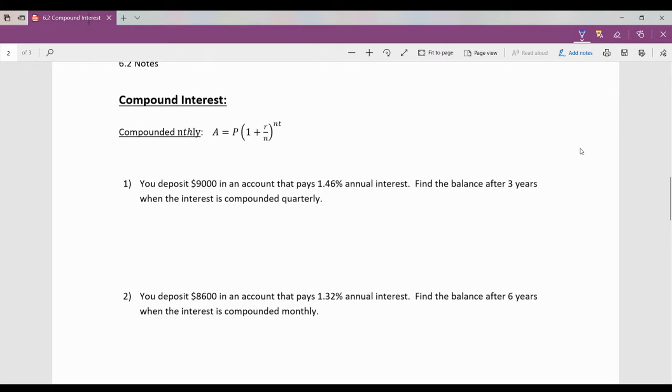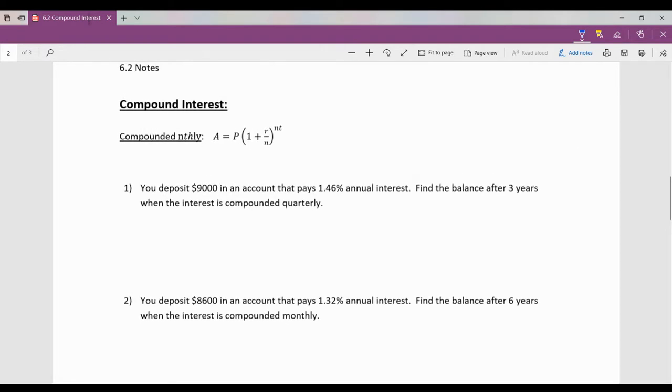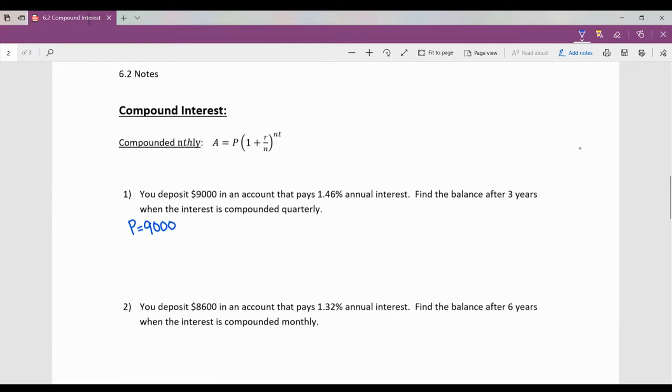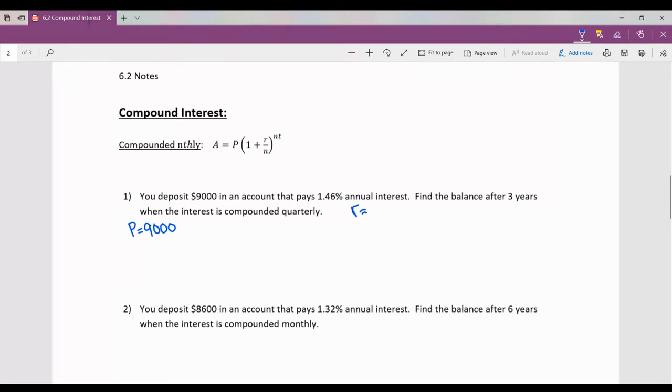So we deposit $9,000 in an account. So my initial value, my P, is going to be 9,000. In an account that pays 1.46% annual interest, so my R is going to be, remember we moved that decimal point over to the left two to change it into a number, not a percent.